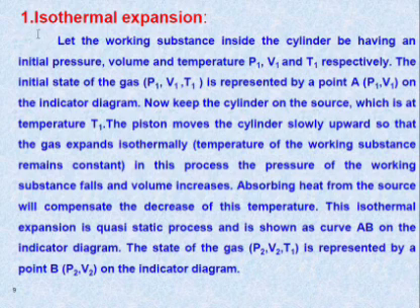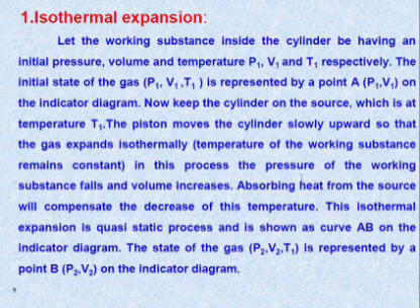Among four, number one is isothermal expansion. Let the working substance inside the cylinder have an initial pressure, volume and temperature P1, V1 and T1 respectively. The initial state P1, V1, T1 is represented by a point A, P1, V1 on the indicator diagram. Now, keep the cylinder on the source which is at temperature T1. The piston moves in the cylinder slowly upward so that the gas expands isothermally.